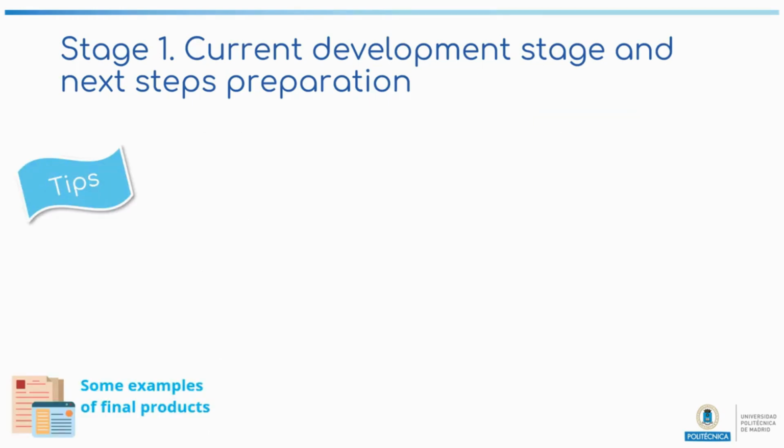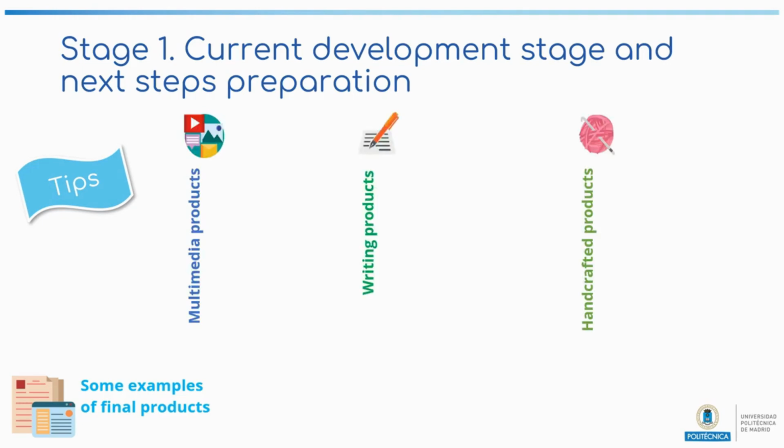The first group of tips has to do with the final products that the students will produce. Final products are key in the project or challenge-based learning, regardless of having or not a service learning approach. We have classified them in 3 groups: multimedia products, writing products, and handcrafted products.